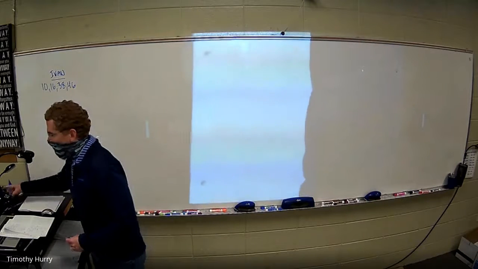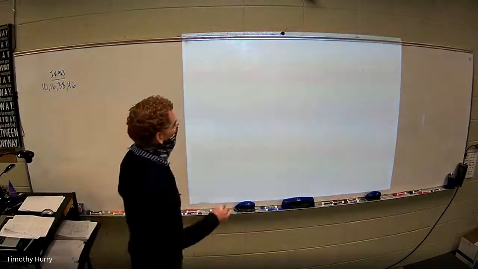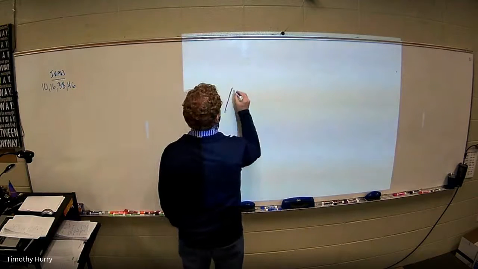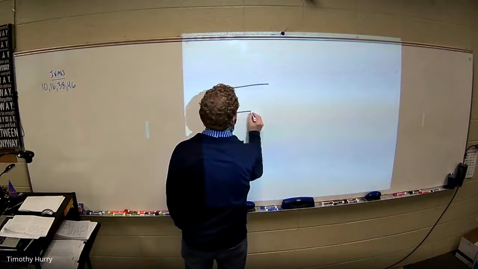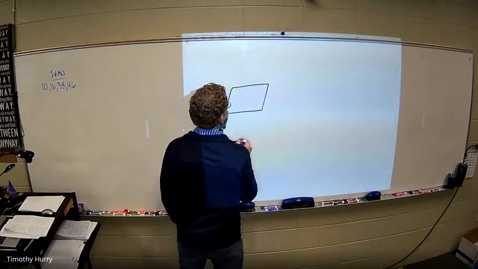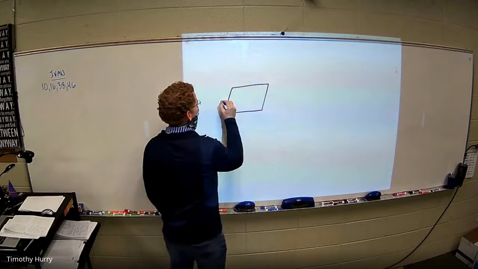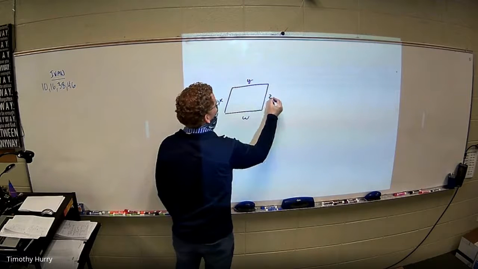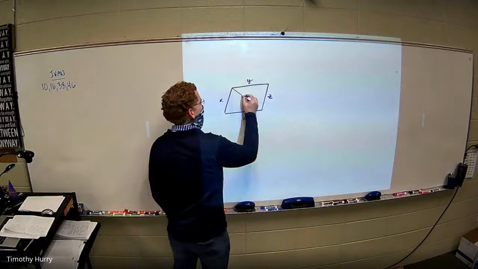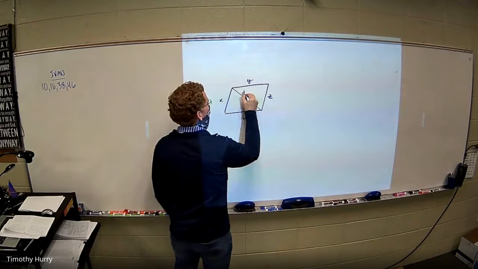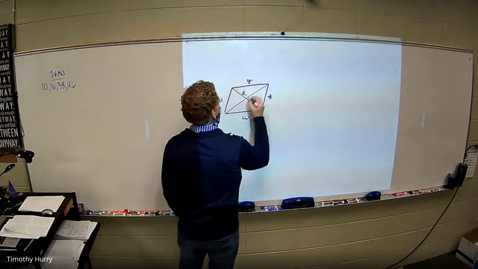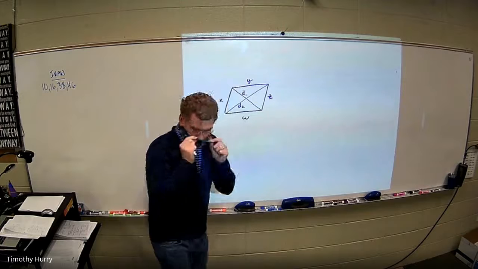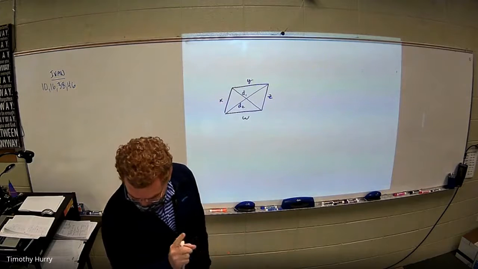So on any parallelogram, if you have these sides, we'll call them W, X, Y, Z, and then we'll call this diagonal 1 and this diagonal 2.